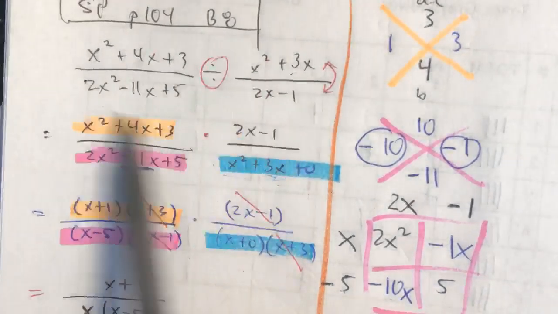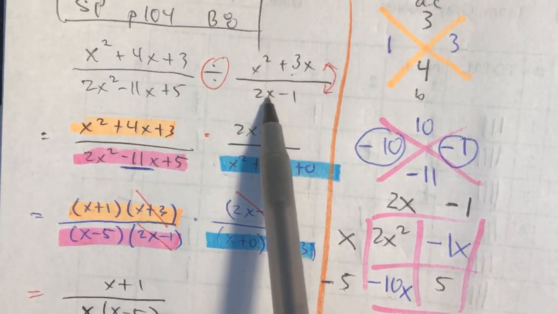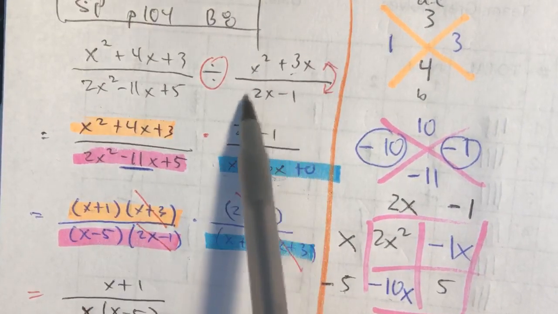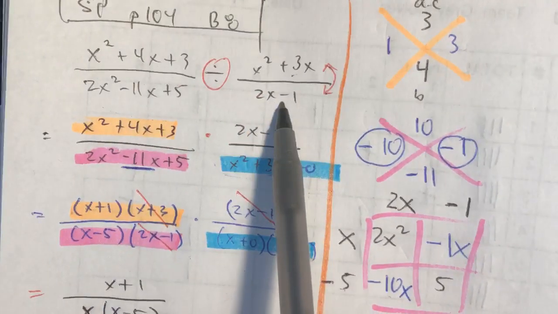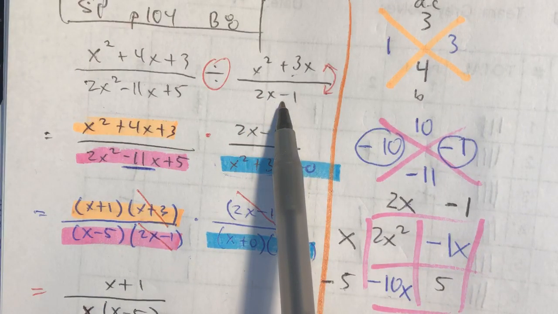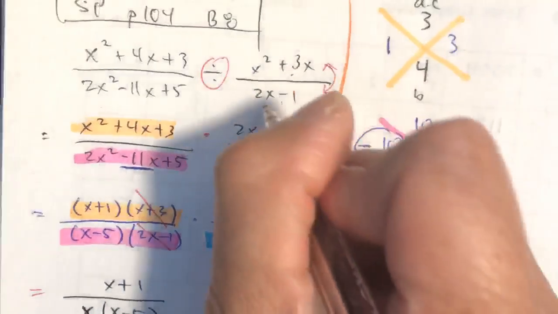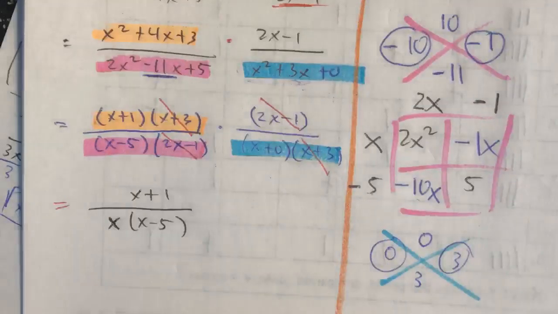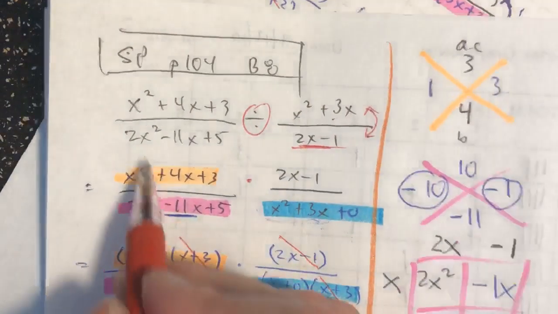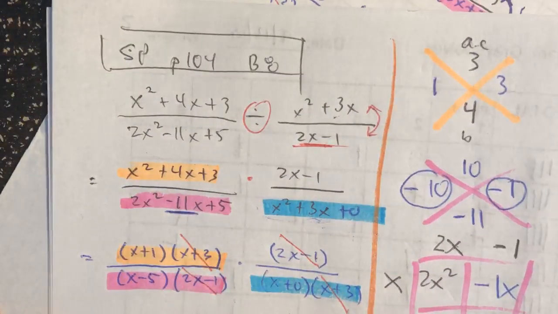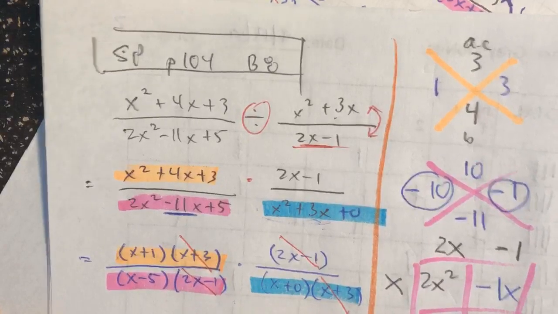In this original problem, I don't want to put in a number here to make this equal to 0. Because if I do, anything divided by 0 is undefined, then it can't do the problem. So 2x minus 1 is going to be one of my restrictions. 2x squared minus 11x plus 5 is going to be another restriction.